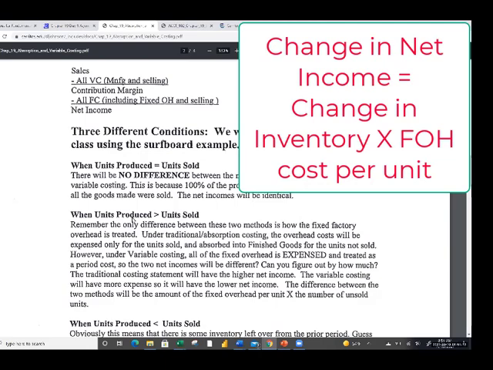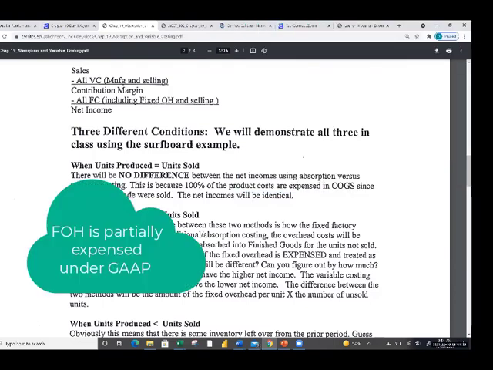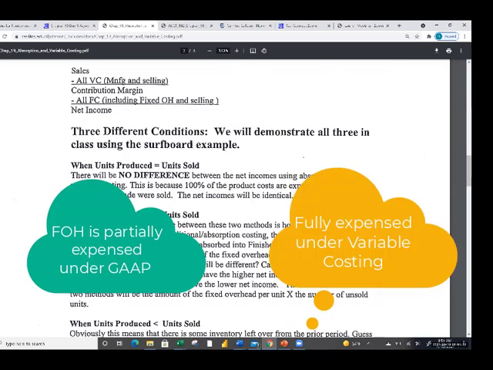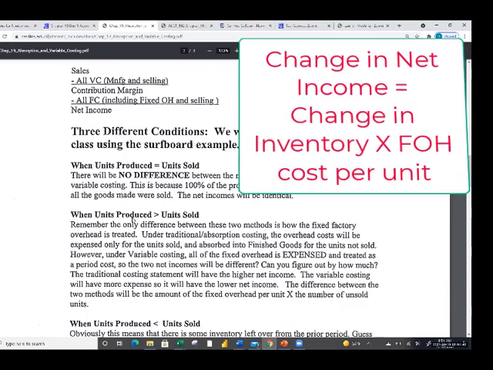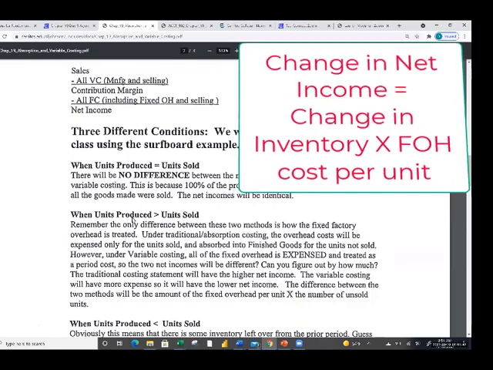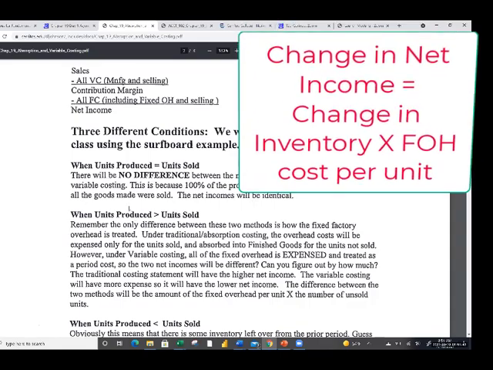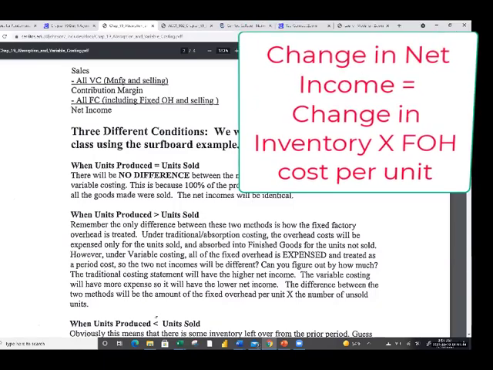Since the only difference between these two methods is how that fixed overhead is treated, partially expensed under GAAP costing, because the rest is on the balance sheet, fully expensed under direct costing. And so direct costing net income is going to be lower by those 2,000 units times whatever the fixed overhead cost per unit is. That's how we're going to be computing our net income ahead of time when we have inventory left on hand. So that'll become clear when we jump in.